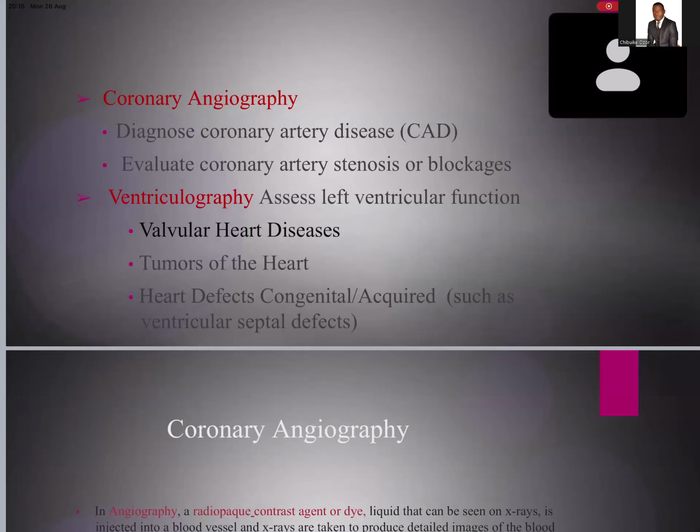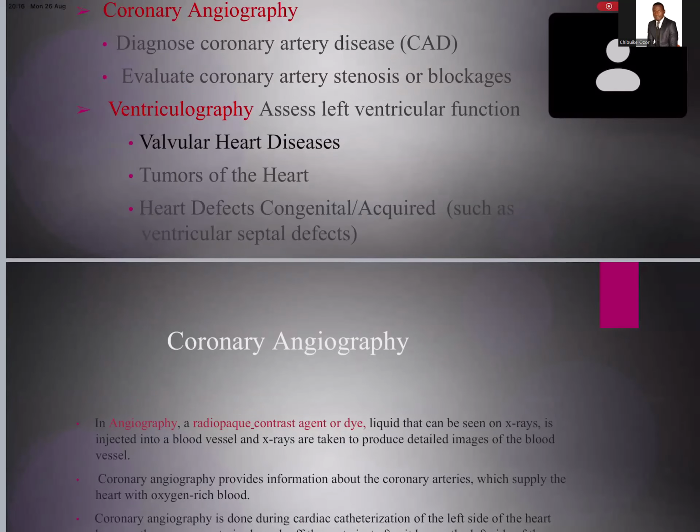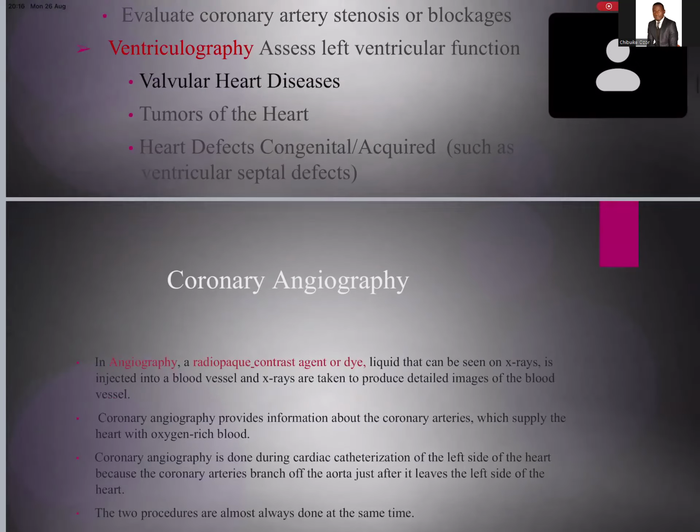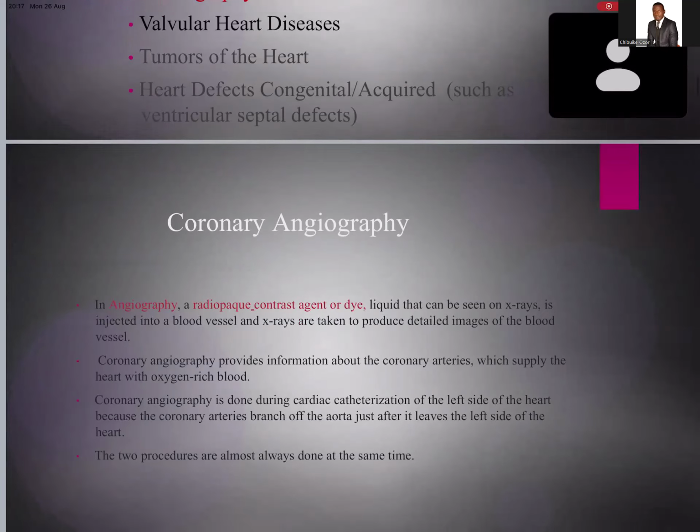We also help to diagnose valvular heart diseases, tumors of the heart, and heart defects, especially congenital or acquired, such as ventricular septal defects, collect samples, and also collect biopsy samples from tumors of the heart, or in specialized situations, such as if we want to diagnose some form of infiltrative cardiac diseases.